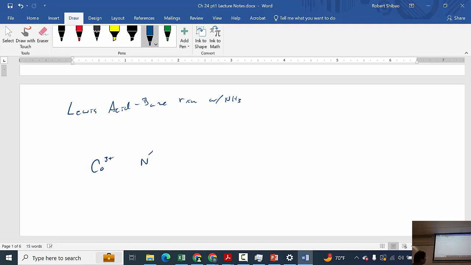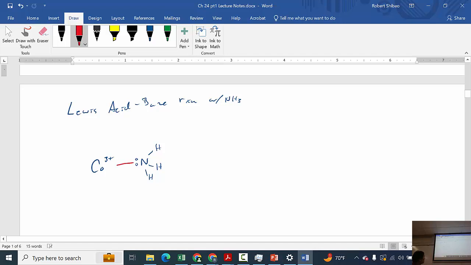But what happens is the ammonia turns out to be a pretty good Lewis base. And so the ammonia attacks the cobalt. And when that happens, we end up with a coordinate covalent bond. And so the ammonia is not just stuck in the lattice, the ammonia is actually bonded to the cobalt. Like this.